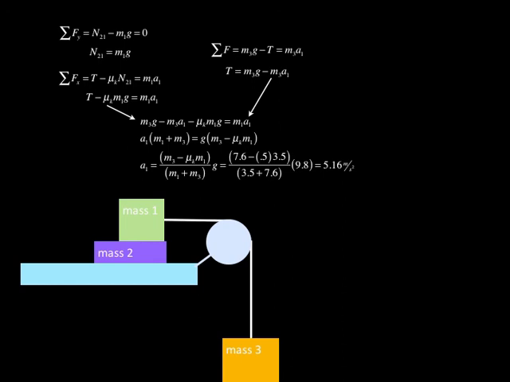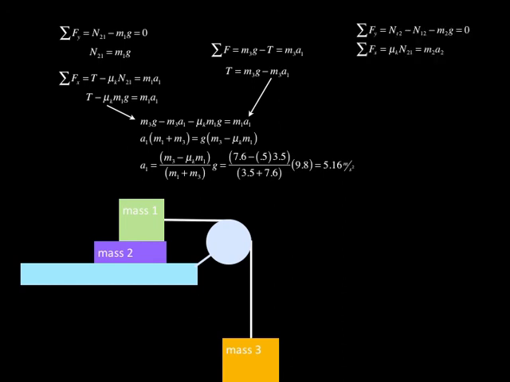Working through the math there, you see that it's 5.16 meters per second squared. And it's key to recognize here that we're using the coefficient of kinetic friction of 0.5 rather than static friction of 0.6 in this case.